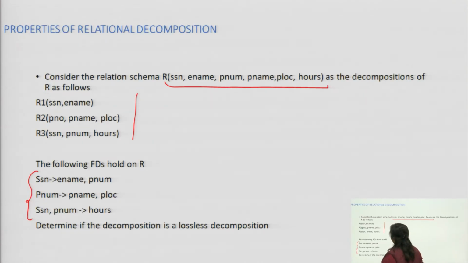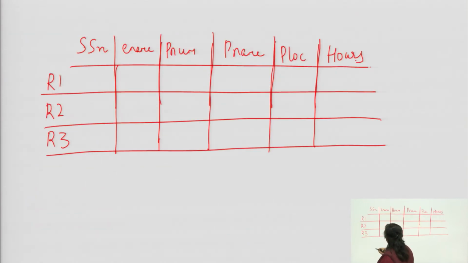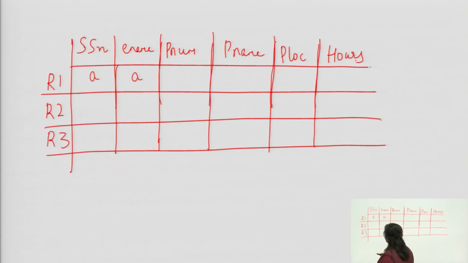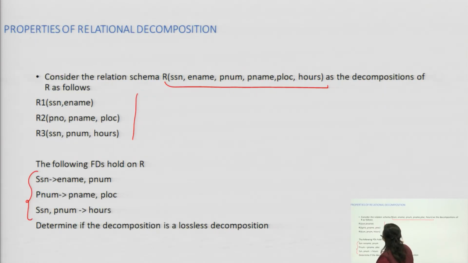Let us take up the decompositions one by one. R1 is SSN, ename. So, for R1 we will give SSN and ename the A value. For R2 we have pnum, pname and ploc.